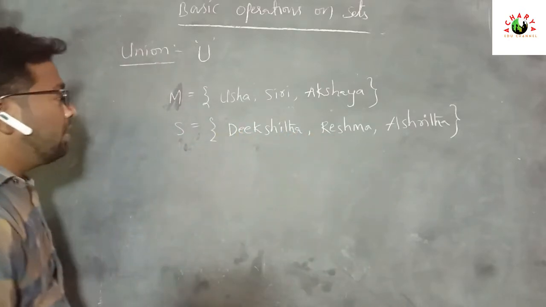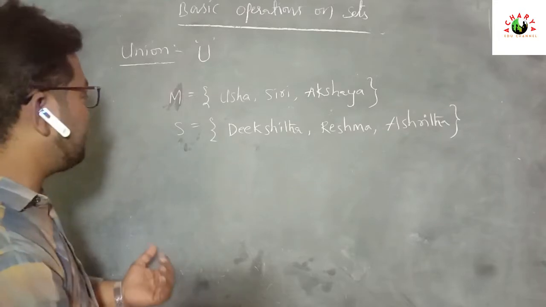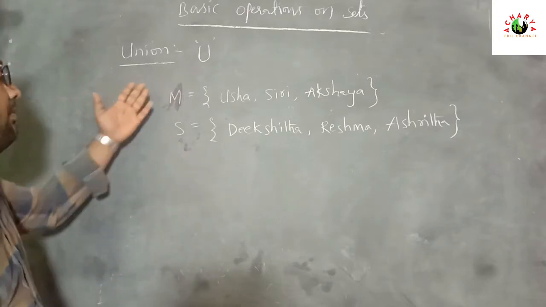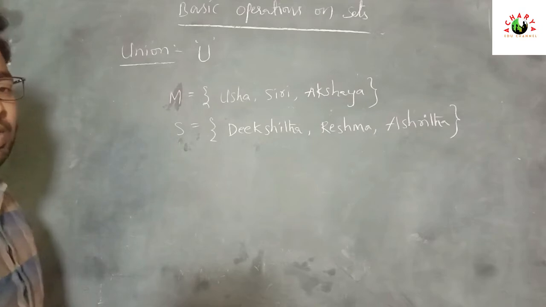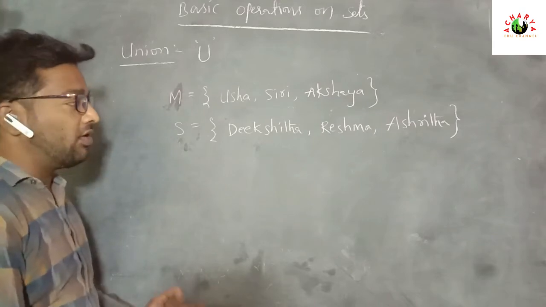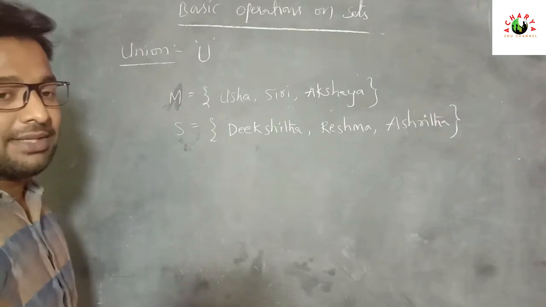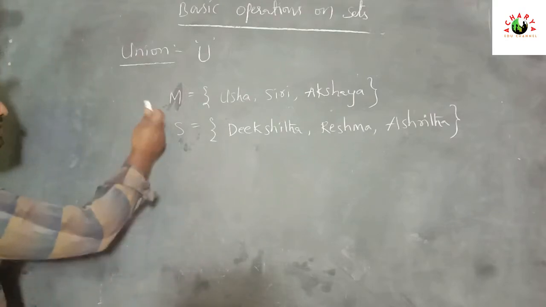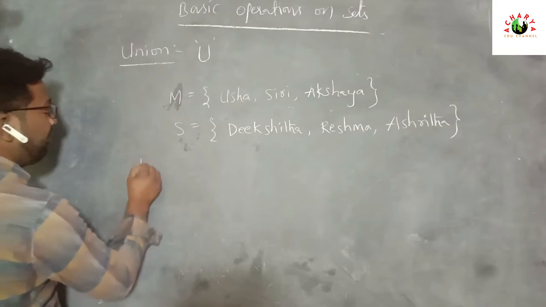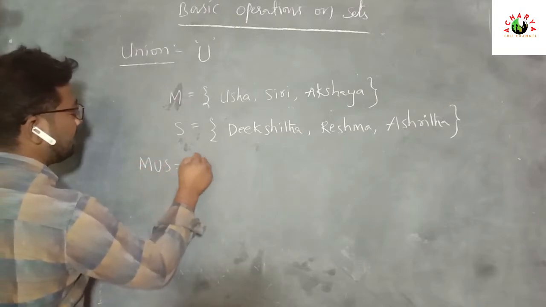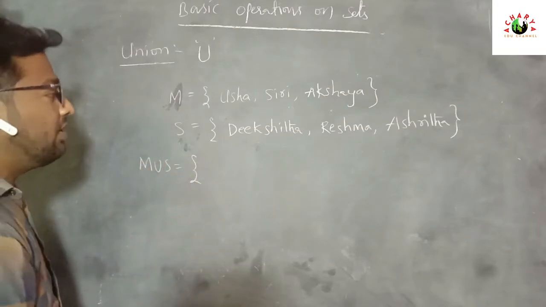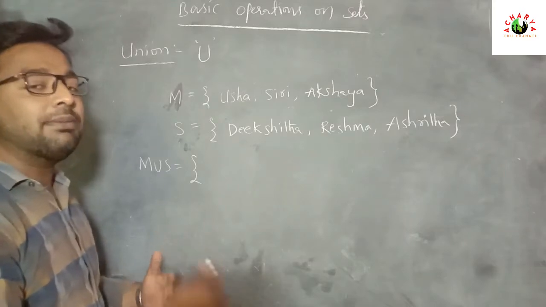Now how should we combine the sets? What is the union of M and S? It means the combination of toppers in maths and science. At that time we use union. So M union S is equal to, we should combine the elements in the set.